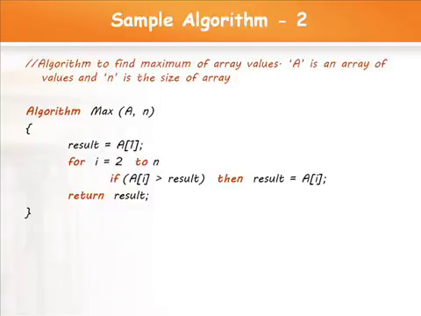The comparison starts from the second element to the nth element, that is, for I equal to 2 to N. Compare the array element with the result. If the array element is greater than the result, then the maximum value will be the corresponding array element. That is, if A[I] is greater than result, then result equals A[I]. The final answer, the maximum value, is stored in result, which is returned.